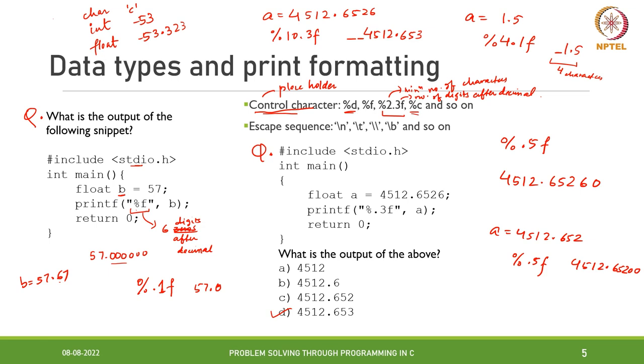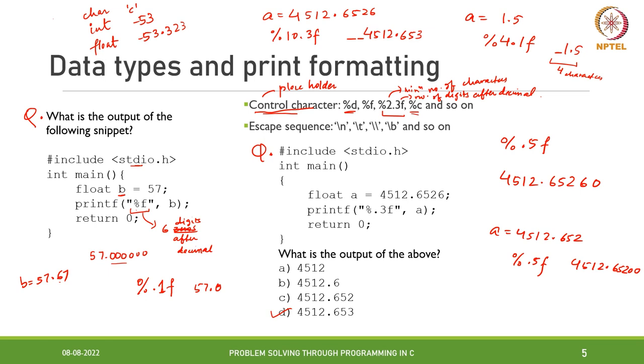Here, I have a variable a equals 1.5, and I'm giving it the print formatting percentage 4.1f. You already understand that point one means I need only one digit after the decimal. So the number will be 1.5, not 1.50000 or whatever. It will be only 1.5.